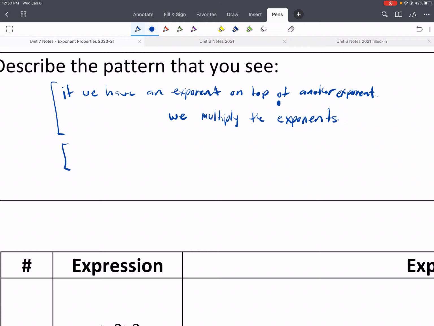If we were to write it like a little equation, we'd do something like x to the a, where a could be any number, and on top of that we have another exponent b, which could be any number, then that would be x to the a times b. Or like one of our examples, x squared to the third would be x to the 2 times 3, which is x to the 6th.